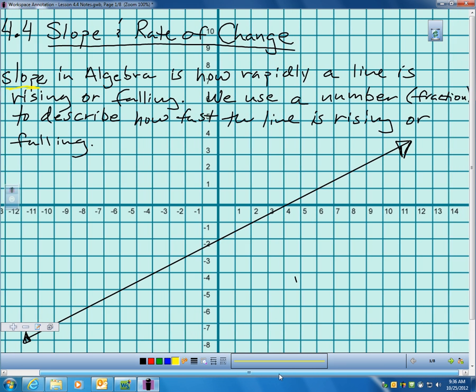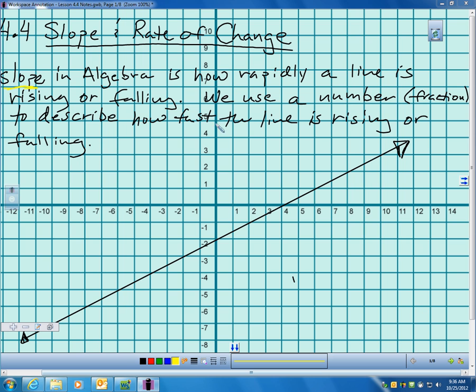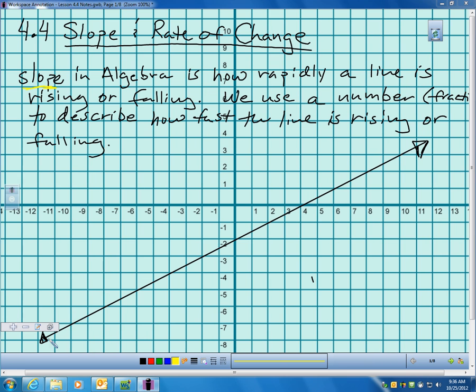We use a number or a fraction to describe how fast the line is rising or falling. So slope is a number which will demonstrate to us how fast a line rises or falls on a graph. Now there's a couple things we should know about slope and about this number.